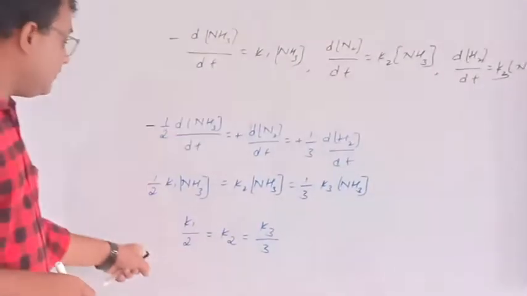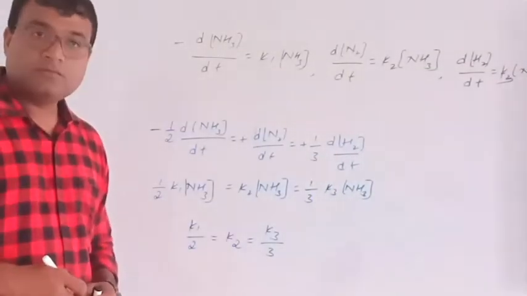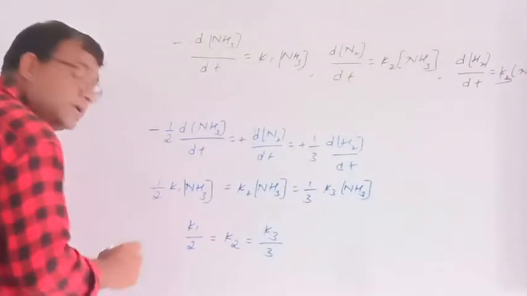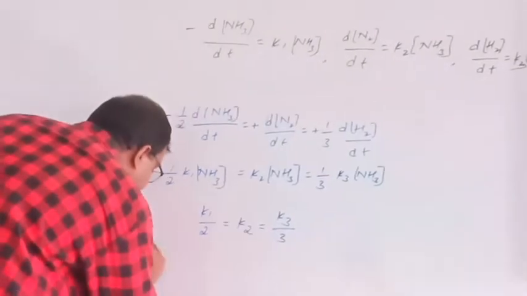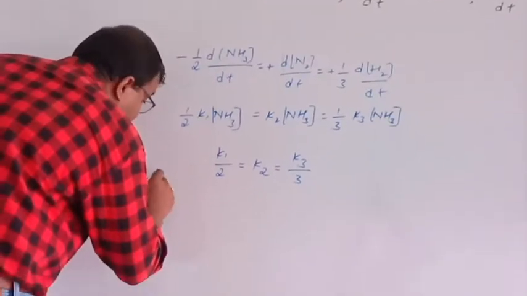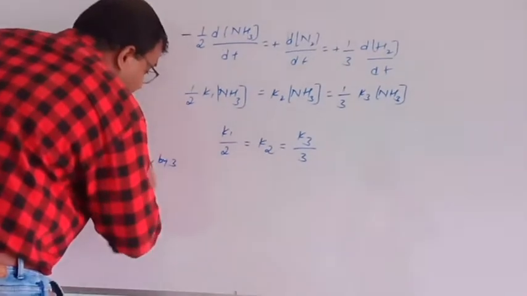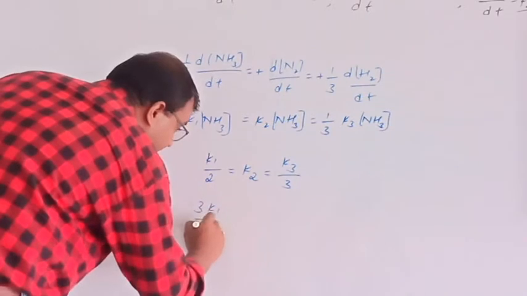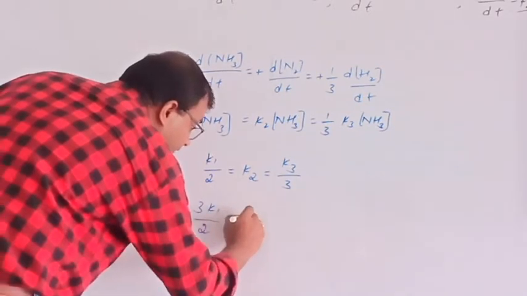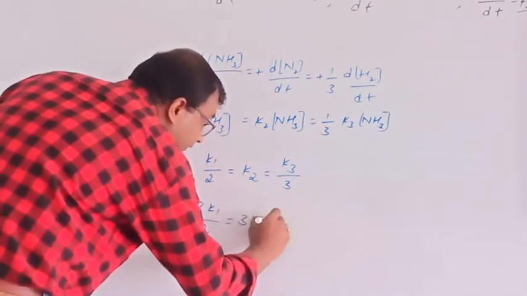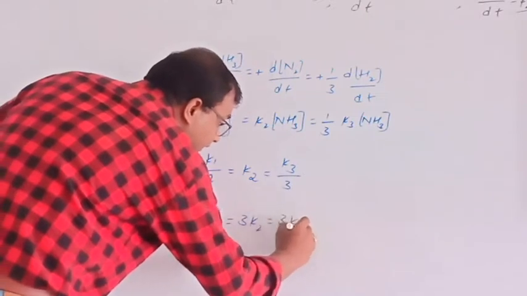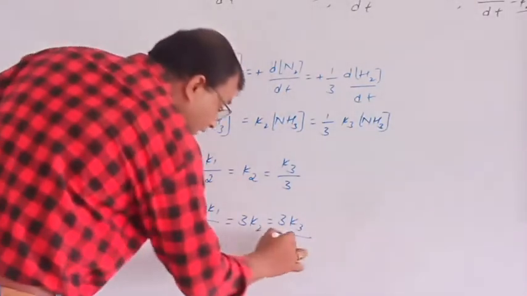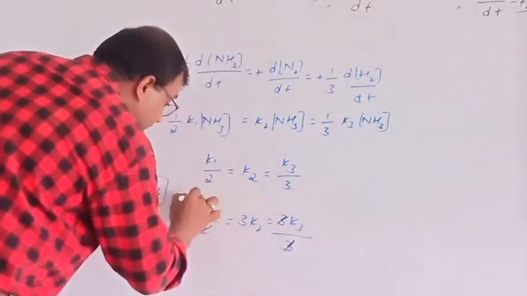Now multiply by 3, then 3K1 by 2 is equal to 3K2 is equal to 3K3 by 3. And what happens? So this is 1.5.